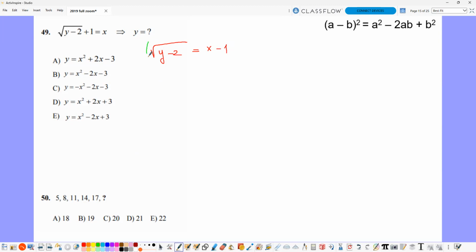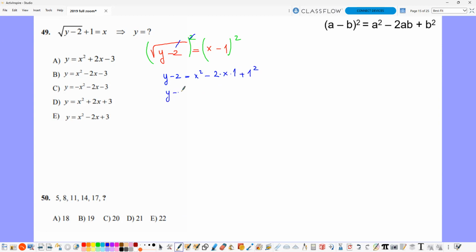Then to get rid of the radical expression, you should get the square of both sides, this one and this one. We simplify. And I need to get a minus b squared here. I have written a squared minus 2ab plus b squared, which is y minus 2 is equal to x squared minus 2 times x times 1 plus 1 squared.